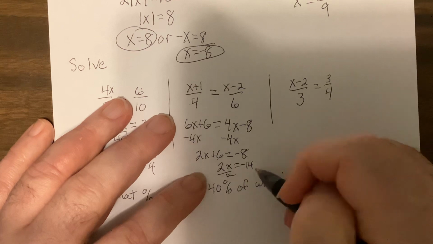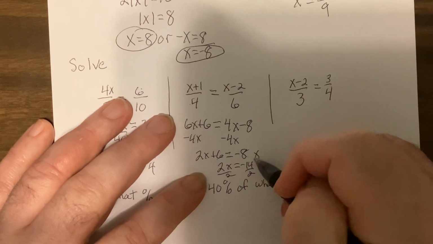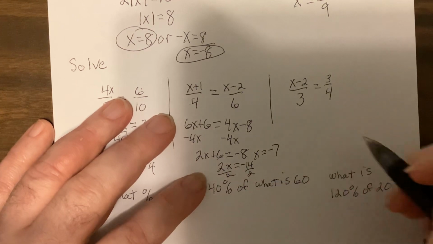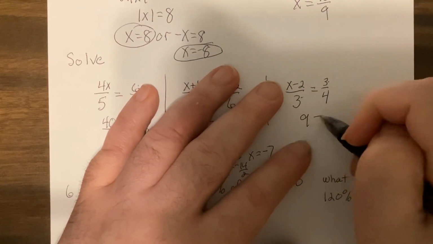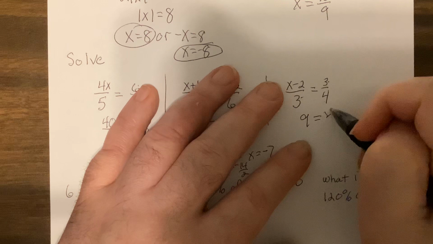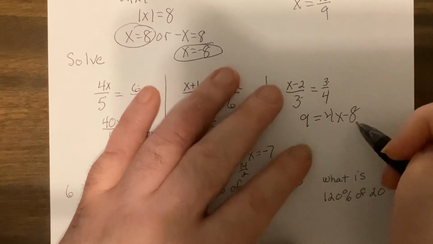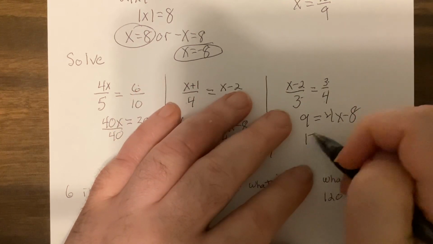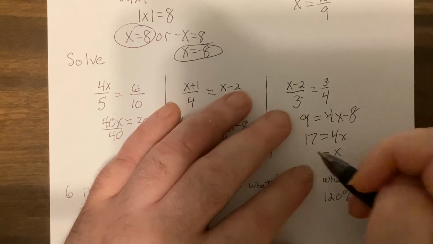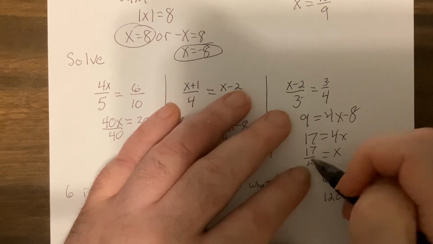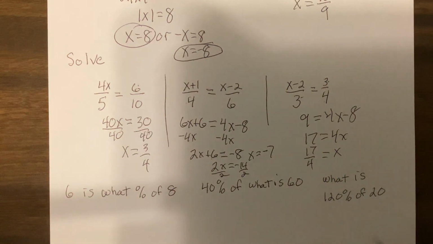Divide by 2. x equals negative 7. Here, 3 and 3 is 9, 4x minus 8. So I would add 8 to both sides. Divide by 4. It's okay with me if you leave it in proper fraction form.